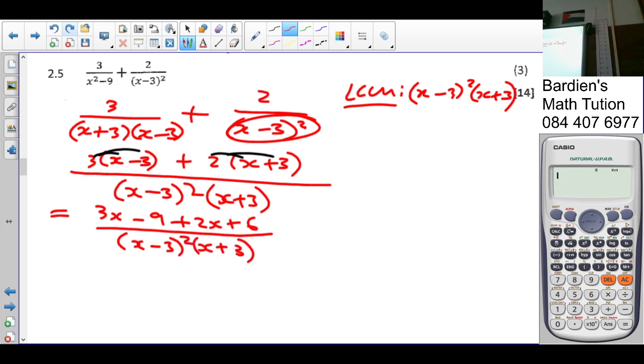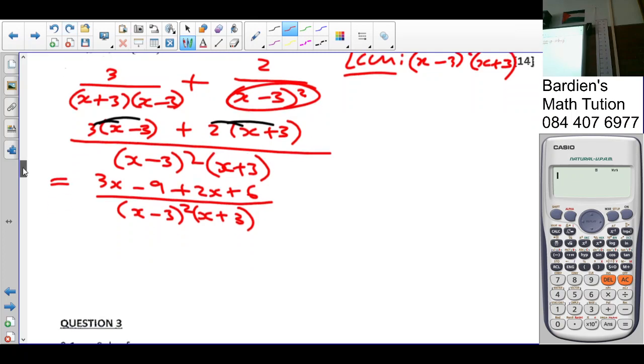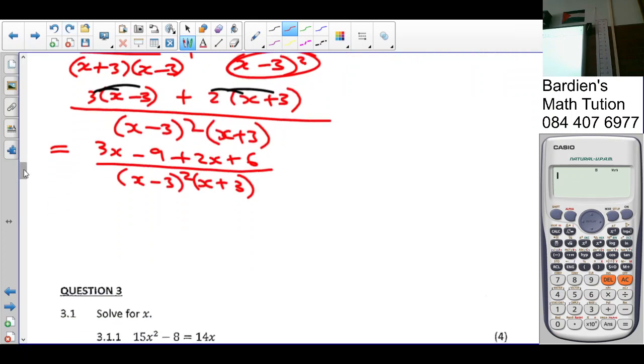Do not multiply out the denominator. Okay? Never, it doesn't make sense to do that. So 3x plus 2x, it's 5x. Minus 9 plus 6, minus 3 over x minus 3 squared, x plus 3.